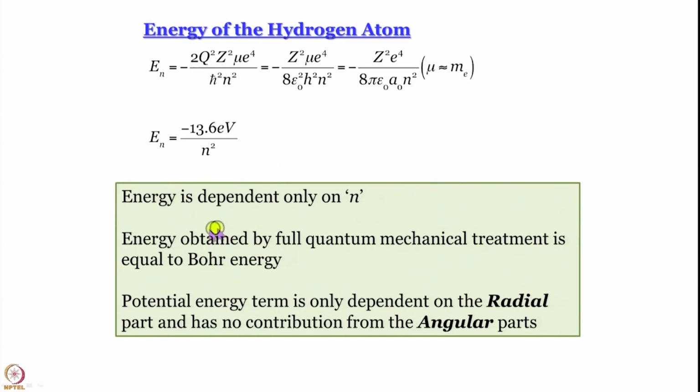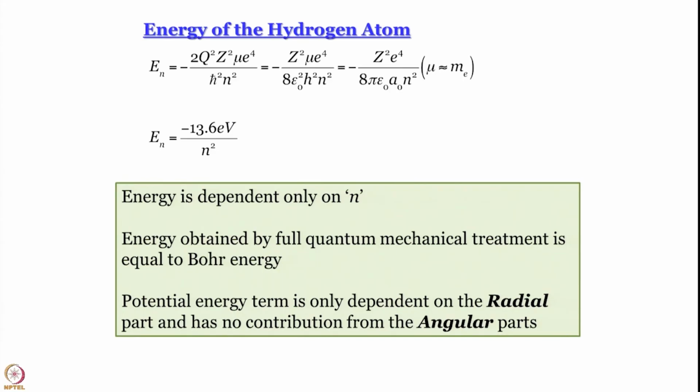One more thing that we should say is that interestingly, in this expression for E, the only quantum number that makes a contribution is n and not L. Remember what we are doing here. We are working out the Schrodinger equation for a hydrogenic atom. Hydrogenic atom means a 1 electron atom. So, for a 1 electron atom what we are saying is that L does not contribute to energy.